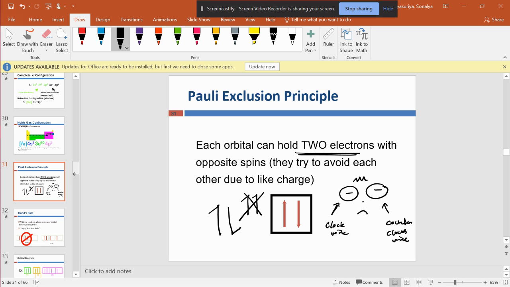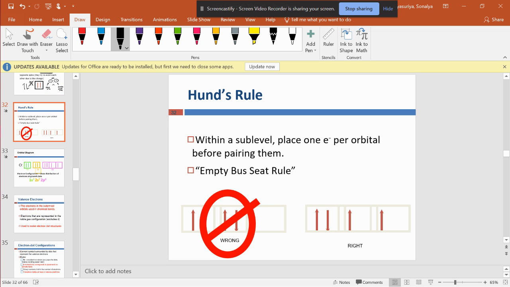Okay? Then the next rule is called Hund's rule. Hund's rule says that when you are within a sublevel, that means like 1s, 2s, 2p, each of these is a sublevel, when you are placing electrons, you have to place them unpaired first and then you pair them.